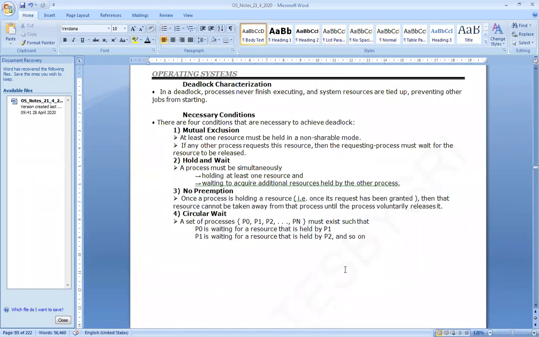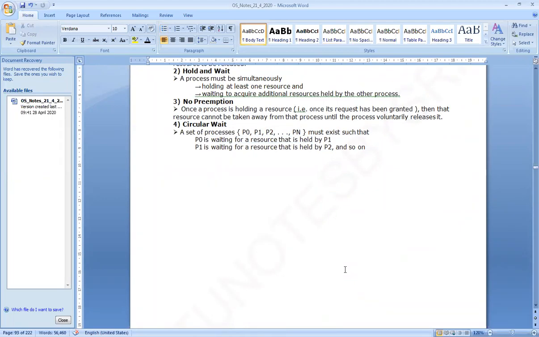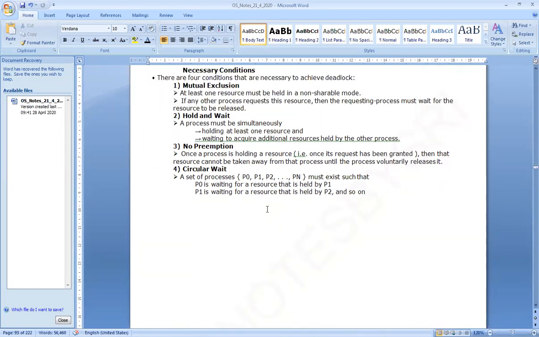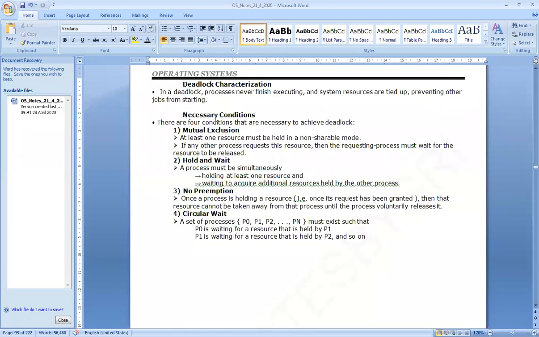If this is the situation, then automatically we can expect a deadlock. So it is called the circular wait situation. Like this, the necessary conditions for deadlock are mutual exclusion, hold and wait, no preemption, and circular wait. All these are the necessary conditions of deadlocks.